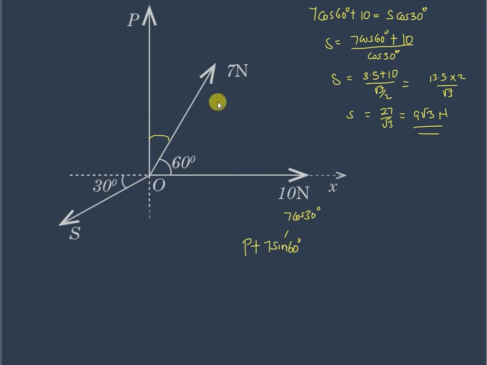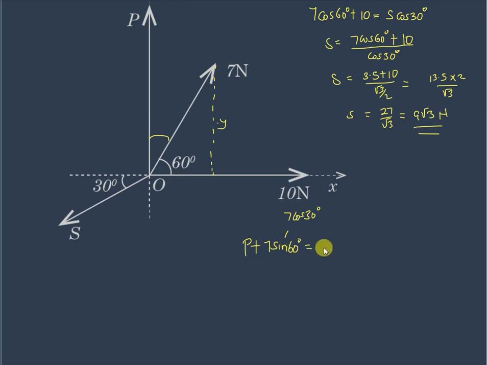This one is good from using the fact that I'm looking for the vertical, so the component can act along this side which is opposite to this one. So we have P plus 7 times sine of 60 degrees. That should counterbalance against S, because the vertical component of S is acting downwards.